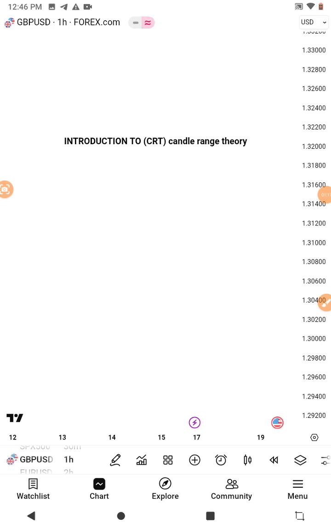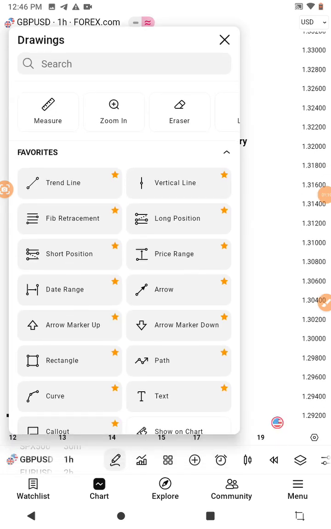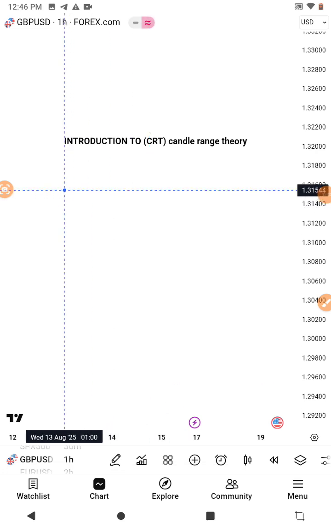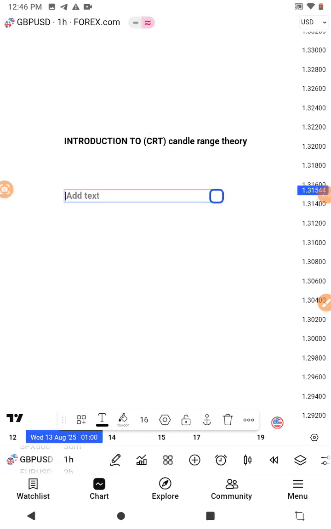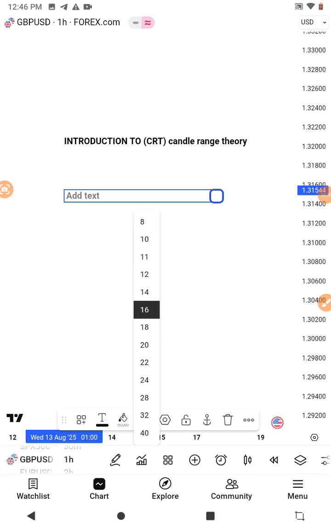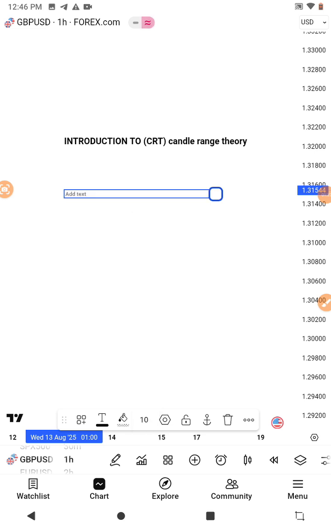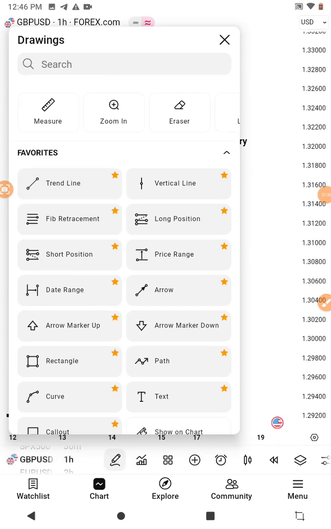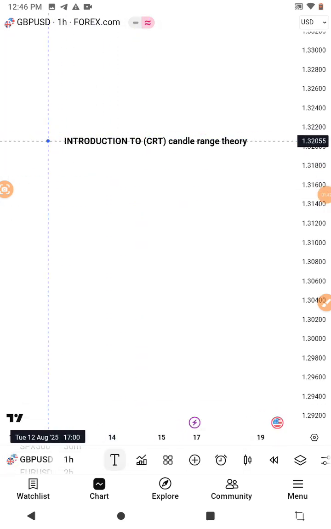Let me quickly write it so you guys can learn from it. Make it small. We're all studying candle range theory, right? Okay, so let's start from here.